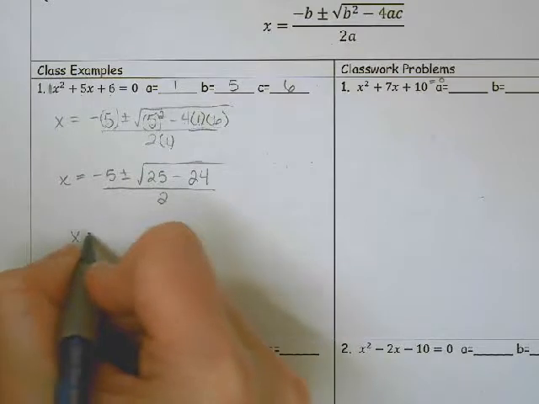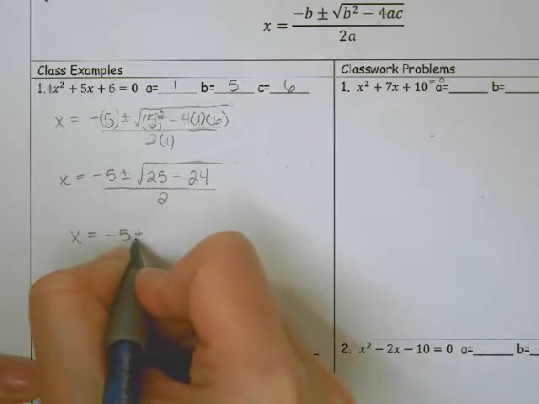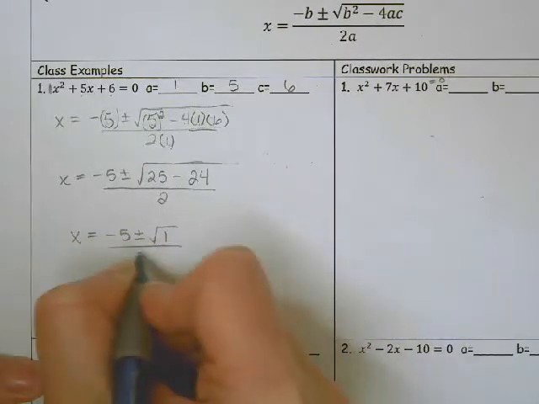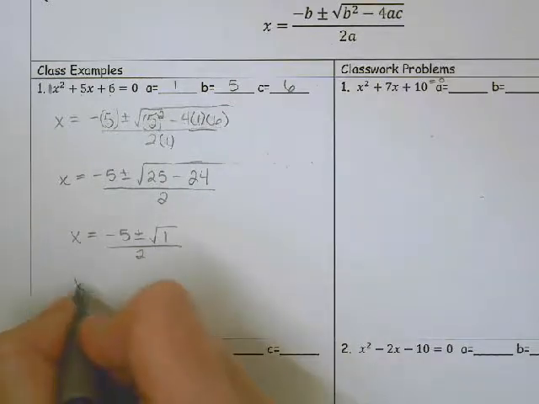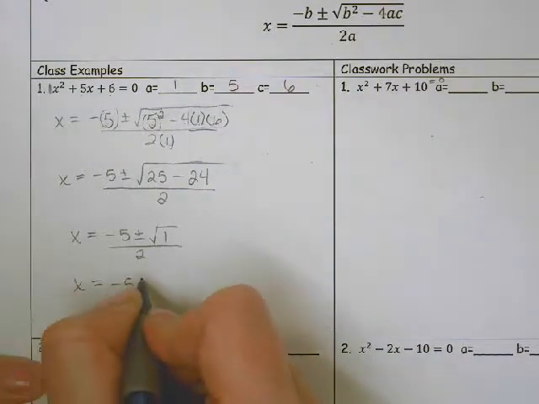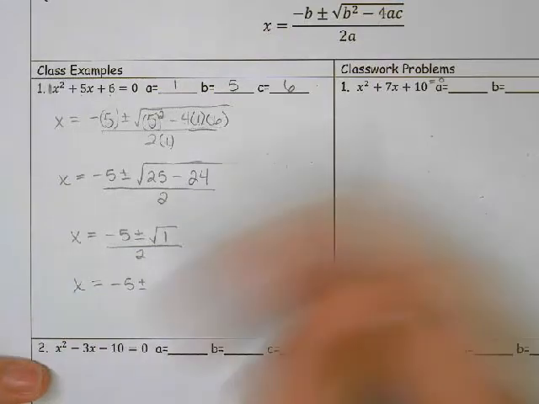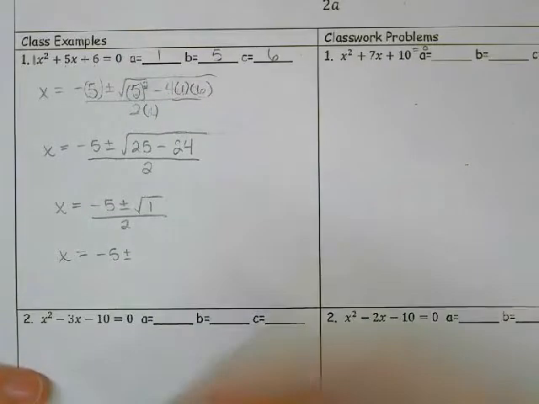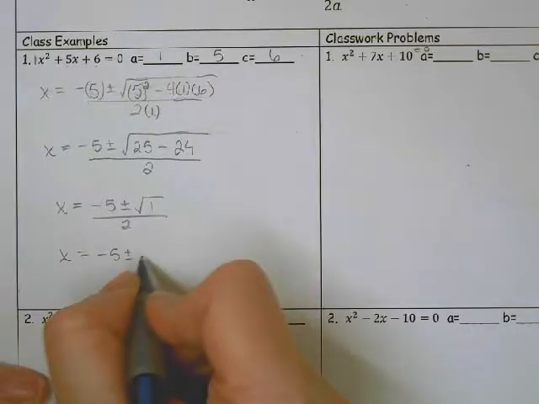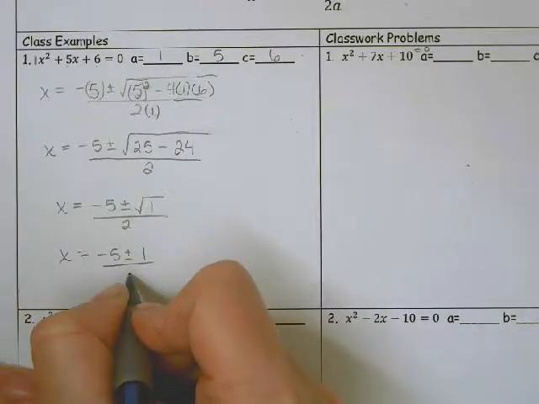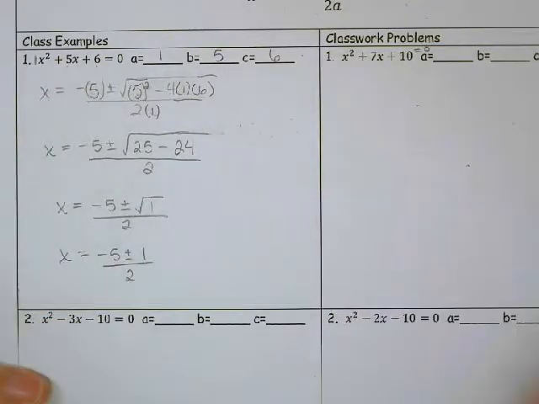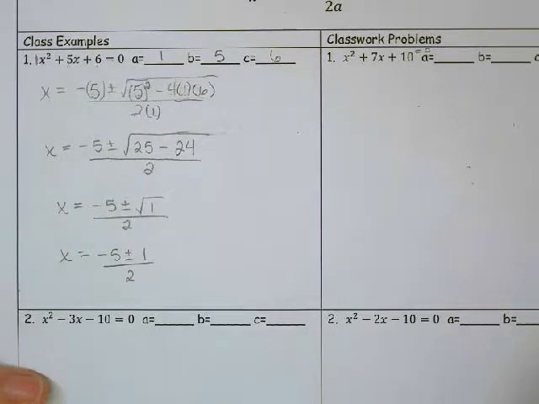So x equals -5 plus or minus the square root of 1 divided by 2. Yeah, that's where you actually want to take the square root, is 1, because 1 times 1 is 1. And divided by 2. Now at this point, I'm as simplified as I can get.